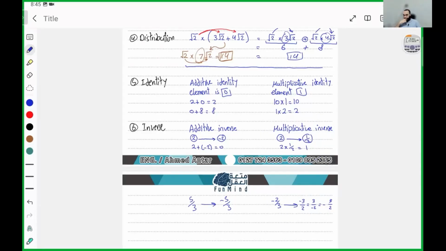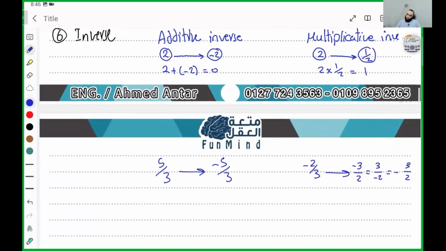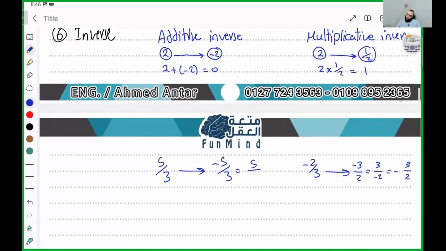Yes, Nurhan? Mr., why, when we said negative 5 over 3, when we make its inverse, we said it's 5 over 3? The negative is only in the numerator, not in the denominator too. So I just... You want to do it like 5 over negative 3? Yes, because it's just in the denominator.